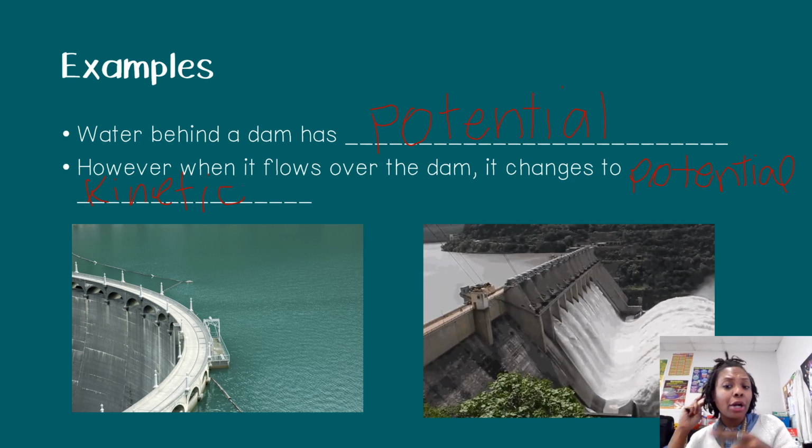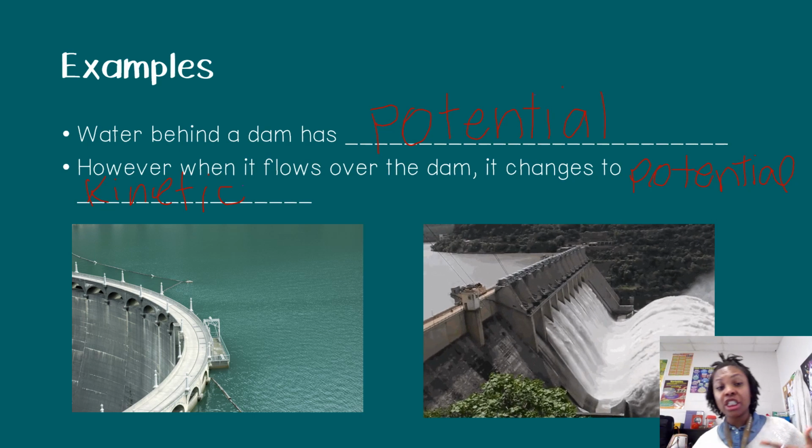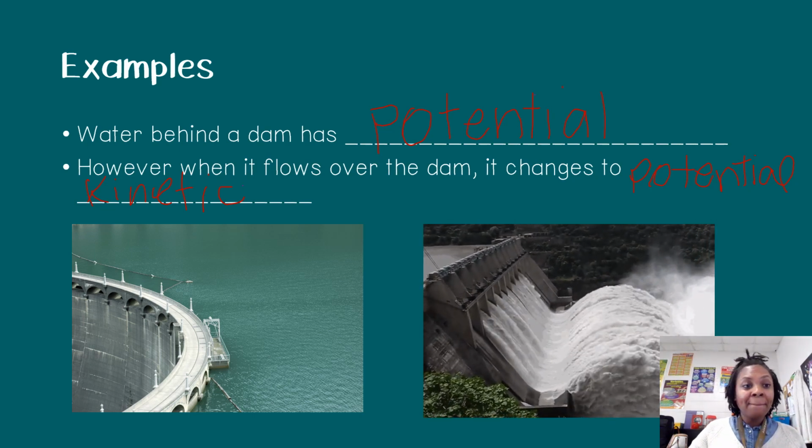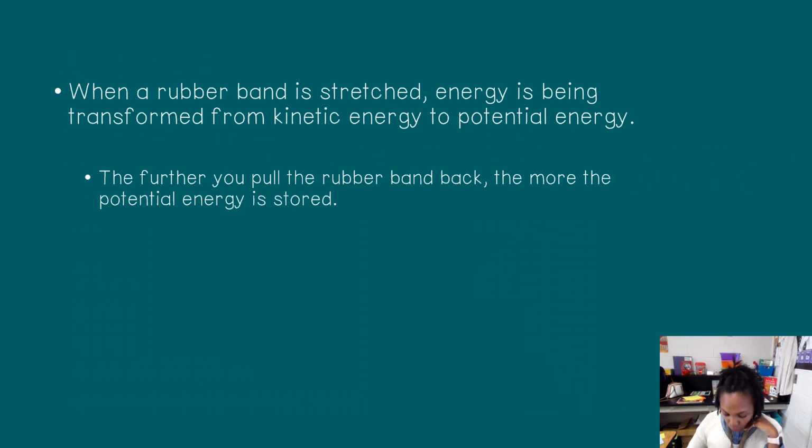So we can see that water moving, and we know that kinetic energy is active energy, energy of motion, okay? So now our next example says when a rubber band is stretched, energy is being transformed from kinetic to potential energy. So when a rubber band is being stretched, that energy is going from kinetic to potential.